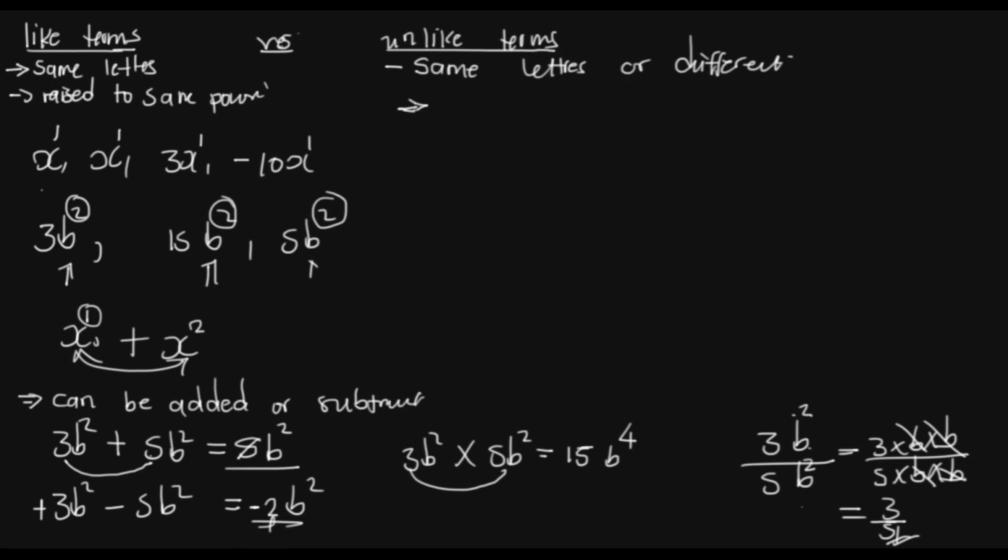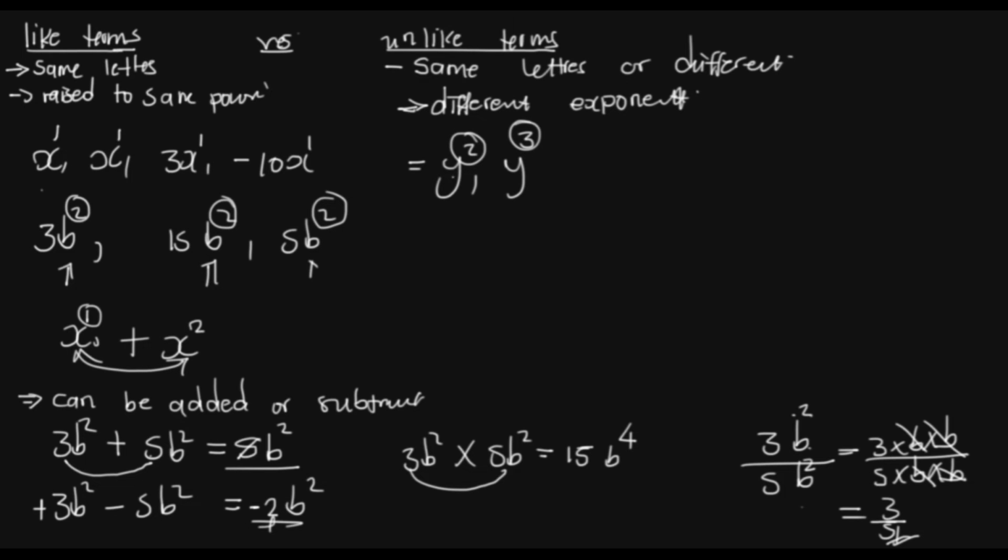Then the other point that you need to focus on is they have different exponents, or they are raised to different powers. What we are saying is, if we have y raised to the power 2, and another y raised to the power 3, these two are unlike terms, even if they have the same letter, since the powers are different.